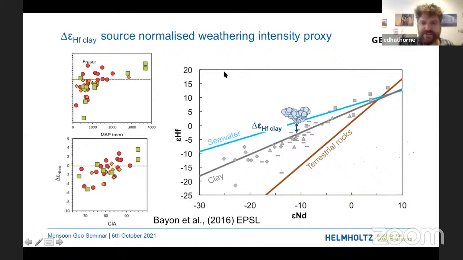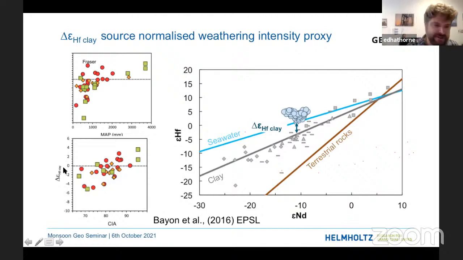Another way of looking at it is here. Like I said, the terrestrial rocks all plot on this array, and then seawater is up here, and this is the clay array, the global river clays. And Germain started plotting the delta epsilon hafnium clay, the difference between your measured sample and this global clay array.